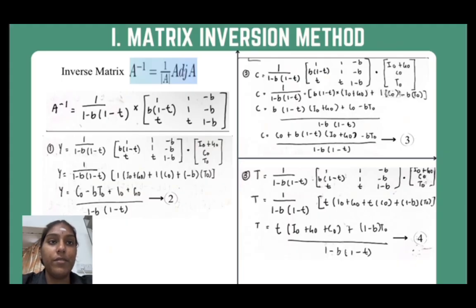The final answer you will get for the T equation is T times I sub 0 plus G sub 0 plus C sub 0, then you plus 1 minus B times T sub 0, and you divide by the determinant of A, and you will get equation 4.